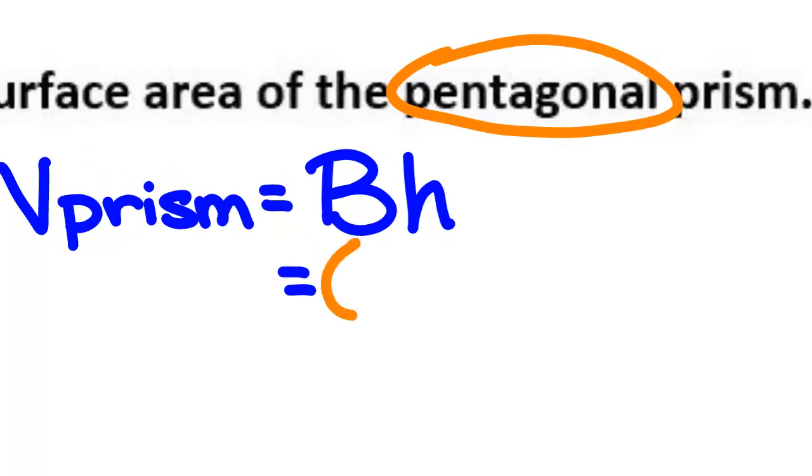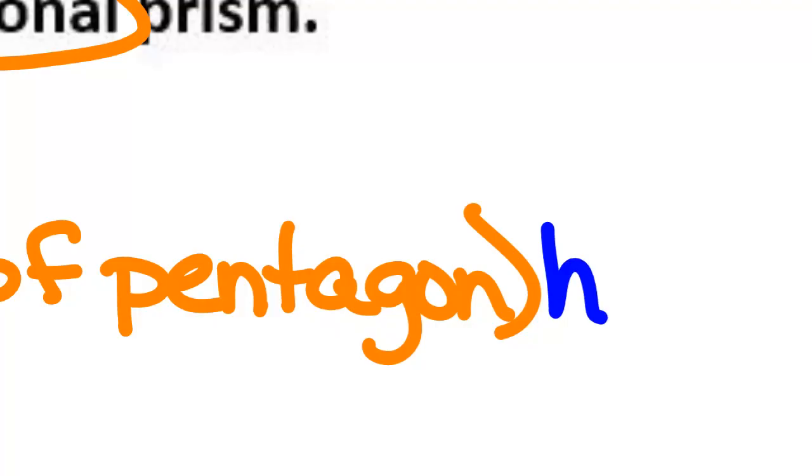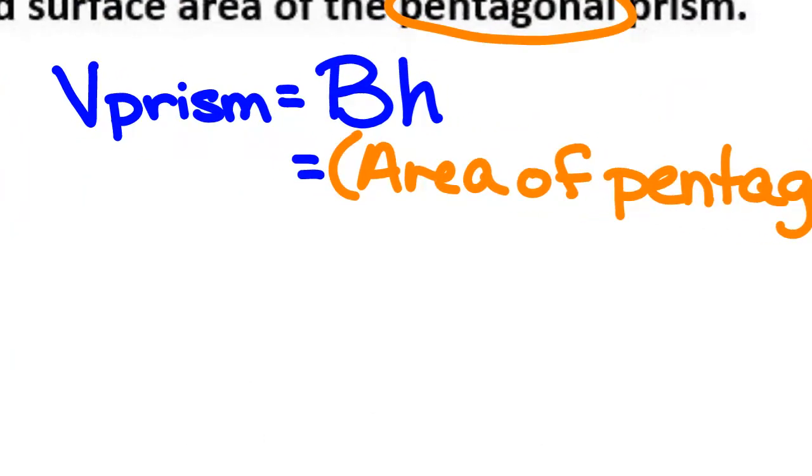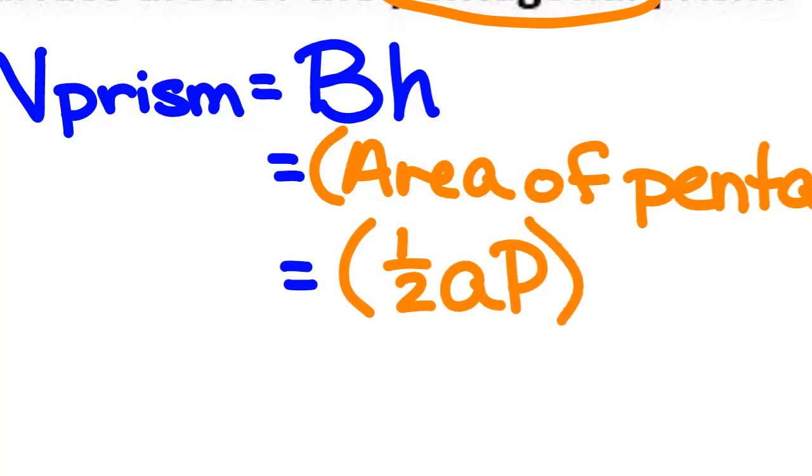Yep, that's okay. Okay, so we need the area of a pentagon times the height. How do we find the area of a pentagon? 1/2 AP, 1/2 apothem times perimeter times the height.